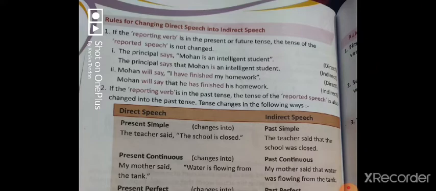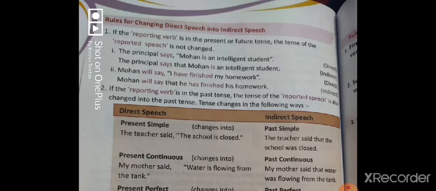All right. For example, the principal says Mohan is an intelligent student. So here says is the reporting verb, and since it is in present tense, the reported speech is not changed. And what is the reported speech? Whatever the main thing is in the main sentence that has been said, like Mohan is an intelligent student.